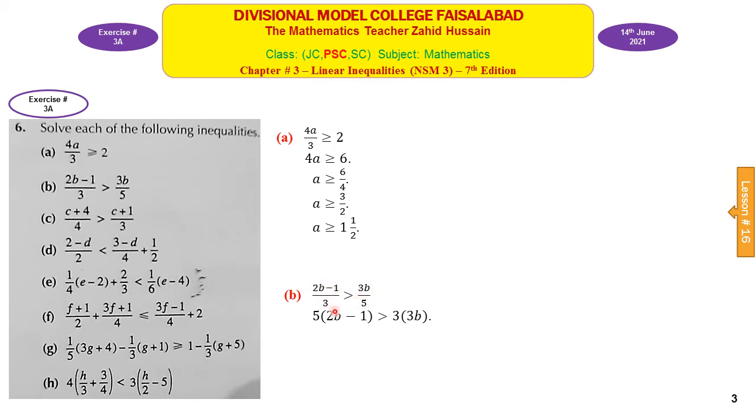Multiply 5 with 2b minus 1, because 2b minus 1 is on the left hand side of this inequality, so it will remain on the left hand side. And 3 into 3b, so this is 10b minus 5 greater than 9b. Collect terms with the variable on the left hand side and without the variable on the right hand side, so we get b is greater than 5.